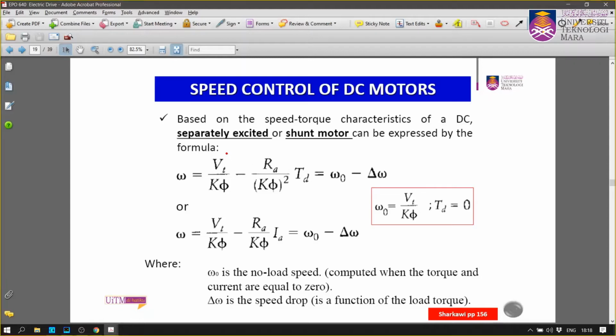For example, you can vary the terminal voltage, you can vary the armature resistance, and you can also vary the flux in the field winding, so that you control your speed. Our purpose is to control the speed. So these are the parameters that you can change, so that you can change the speed.